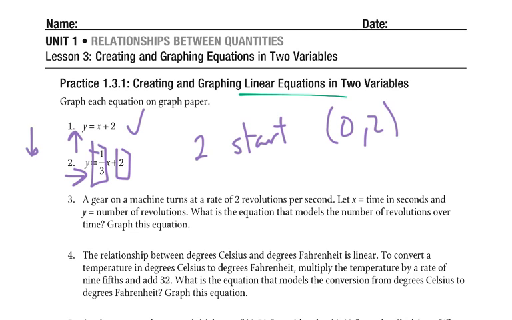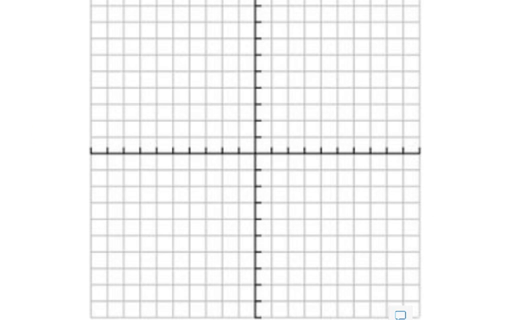Or we could go down 1 and to the left 3. So it was y equals 1/3 x plus 2 again. We go up here to 2 to start, then we go up 1 and at the same time to the right 3, so up 1, to the right 1, 2, 3, to draw our next point. So up 1 to the right 3 again.